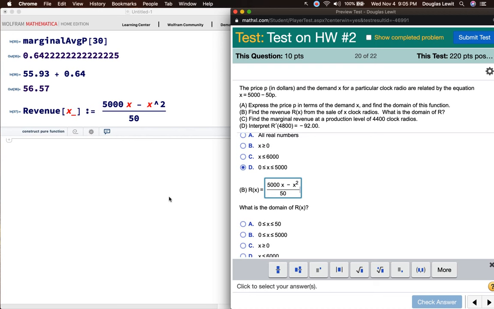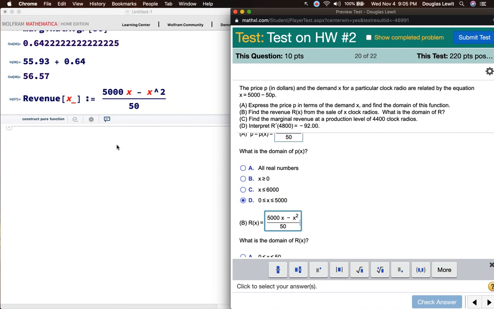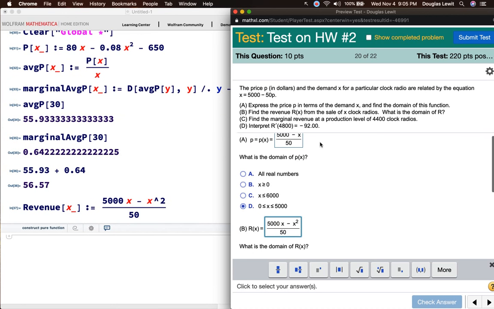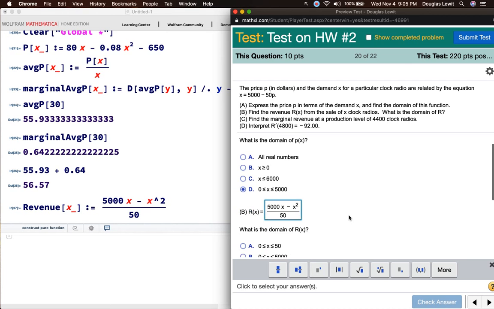What is the domain of R of X? Okay, so that's a little bit tricky. We know already from the other function here that the domain is going to be X between 0 and 5,000.